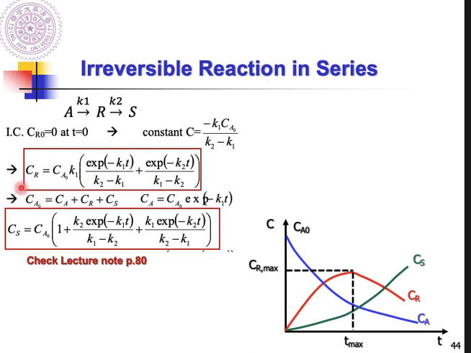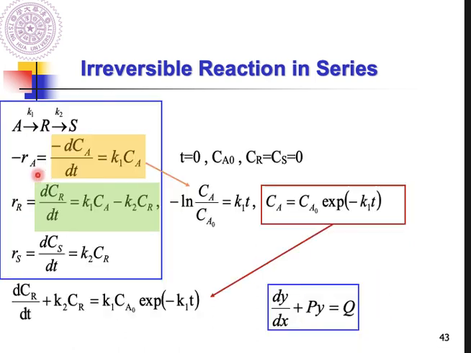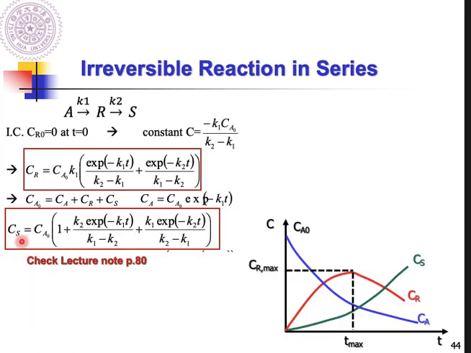We also have the other initial condition: the total concentration A0 equals CA plus CR plus CS. Now you know CR and CA, so use CA0 minus CR and CA, and you can get CS, as shown here. The detail can be found on page 18 in the lecture notes. So as long as you have this data, you collect all the concentrations as a function of time.